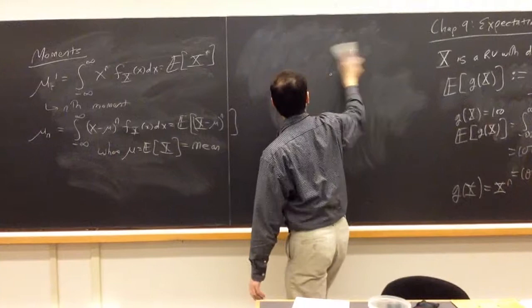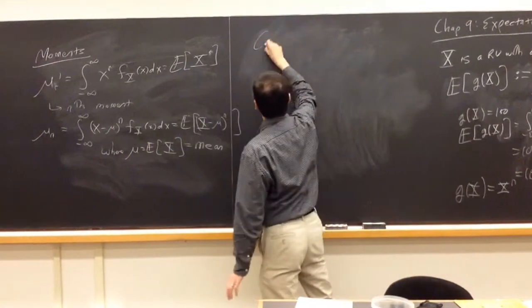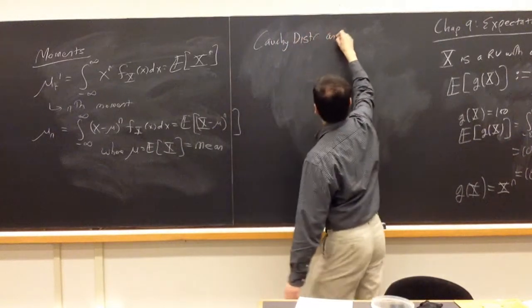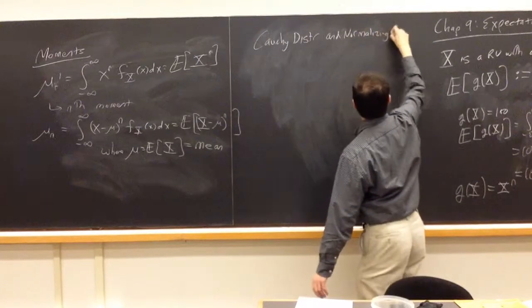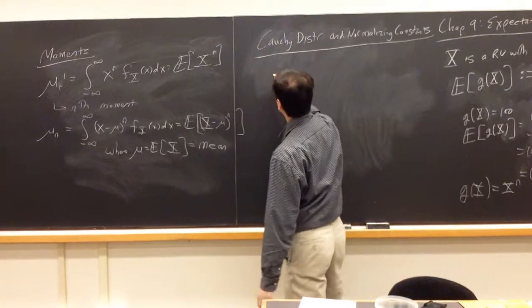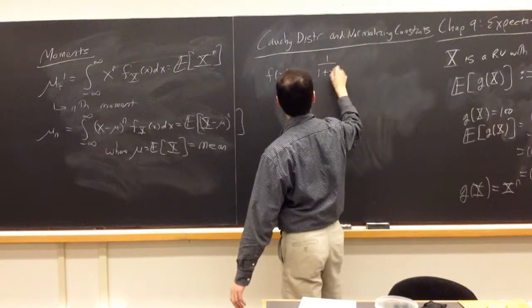Now, one of the problems, of course, is whether or not these moments exist. And so this is a good time to talk about the Cauchy distribution and normalizing constants. So let's consider f of x is 1 over 1 plus x squared.